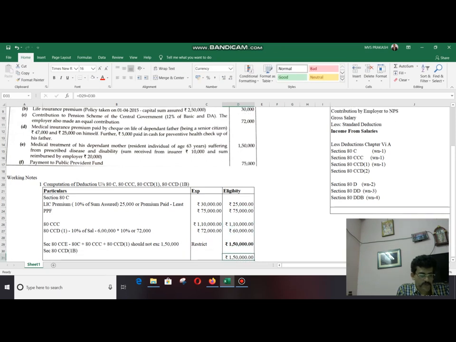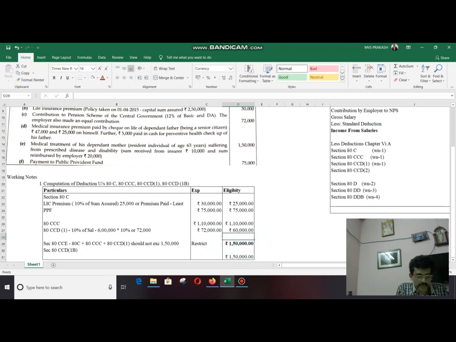Now if you see what is the total you are getting here, if we take the total of 80C, 80CCC, 80CCD subsection 1, you are getting 2,70,000 as a total. But what 80CCE says: maximum I can't give you more than 1,50,000. So even though it is more than 1,50,000, it is restricted to 1,50,000.